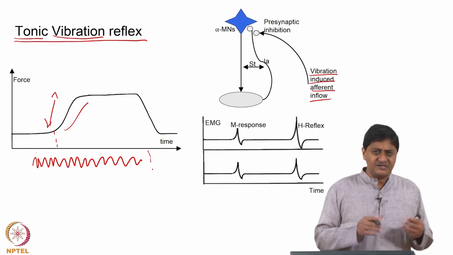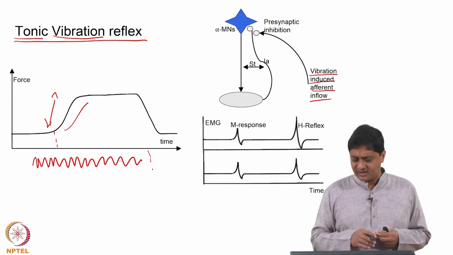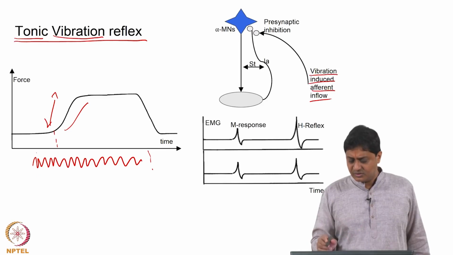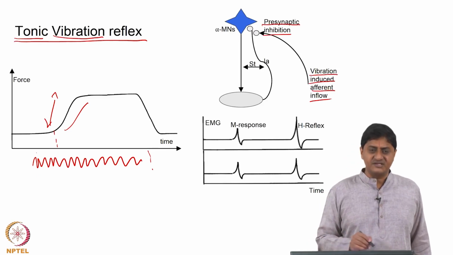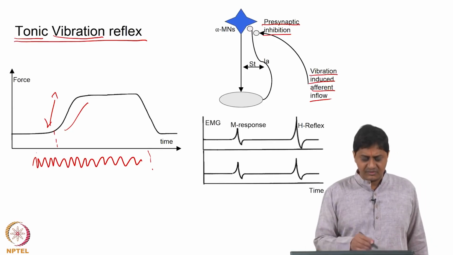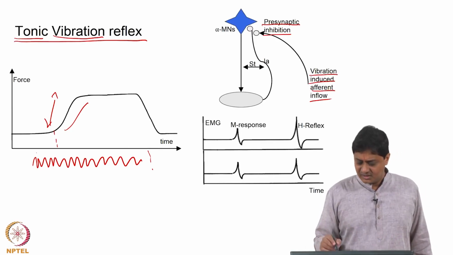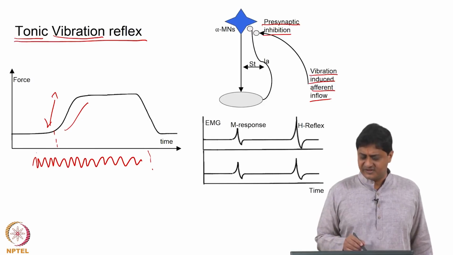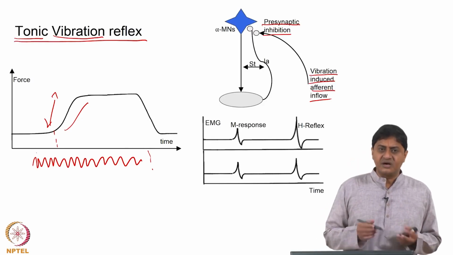Well, afferents, mainly 1A afferents and other afferents, and so it is believed that the difference is the change in the behavior of the monosynaptic reflex that is caused due to vibration.